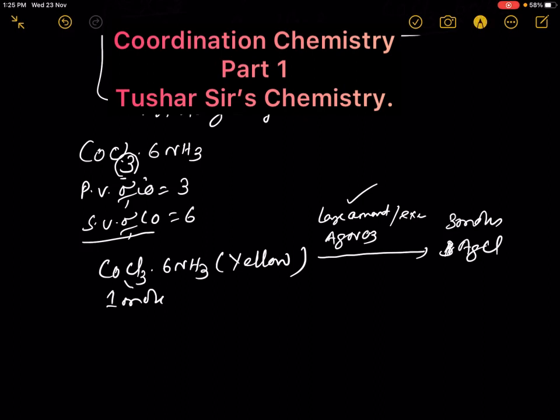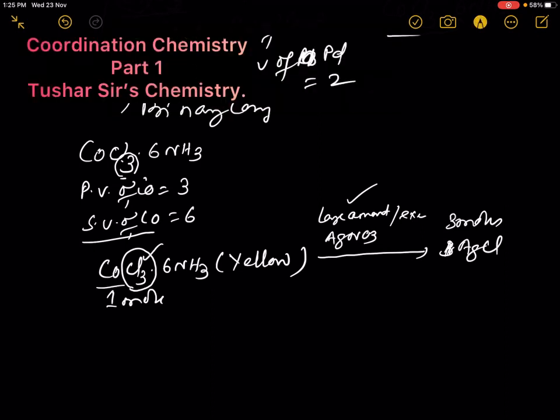Means these 3 chlorine atoms present in CoCl3 as chloride ions can be precipitated as AgCl. As you have taken 1 mole, there are 3 moles of chlorine atoms in CoCl3. So in excess silver nitrate, it produces 3 moles of AgCl.